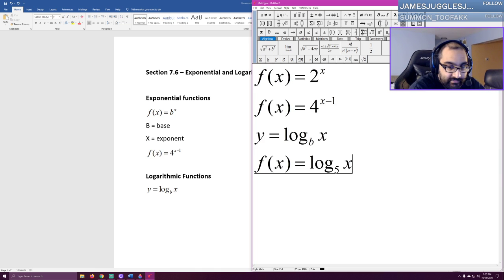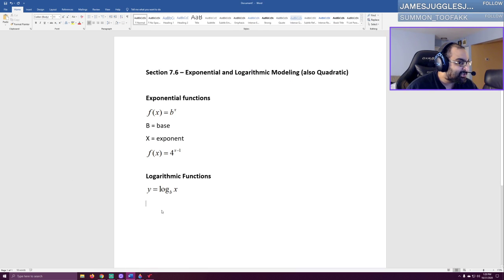Now the issue is that if you try putting this on a calculator, there's no such thing as log base 5. Unfortunately, we're kind of out of luck there. However, what we are given is a quote-unquote translation function between a logarithm and an exponential function. So let's take a look at what that is here in this case.